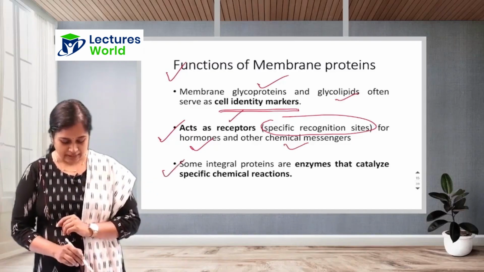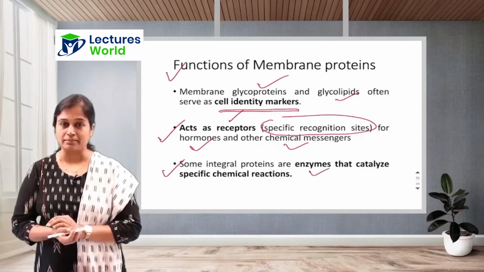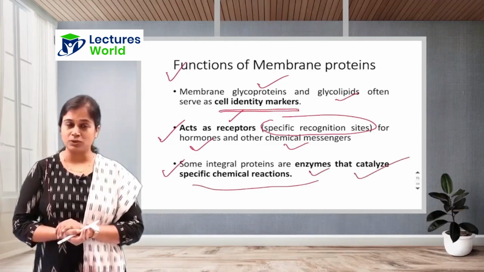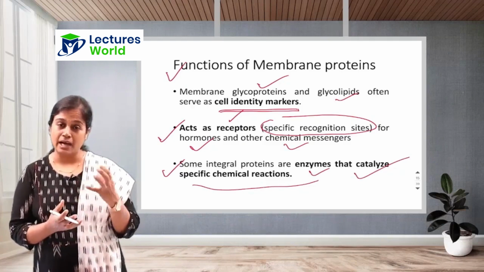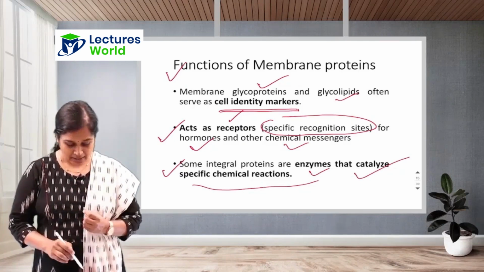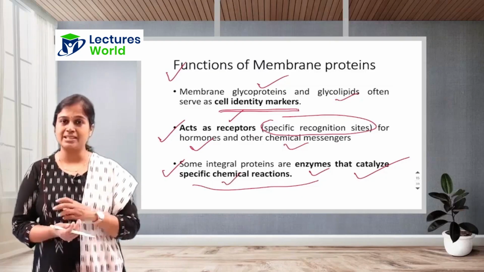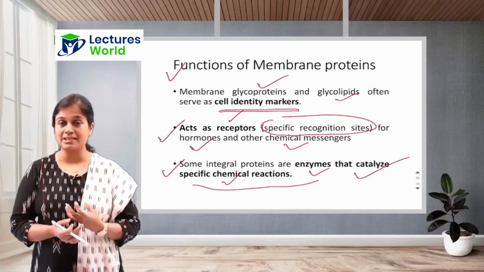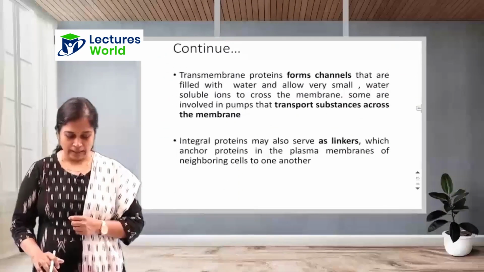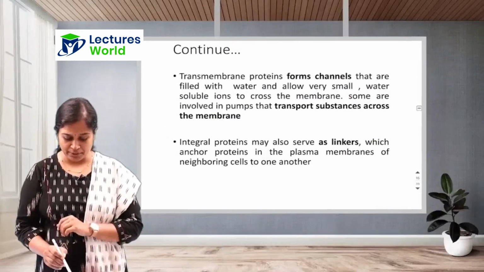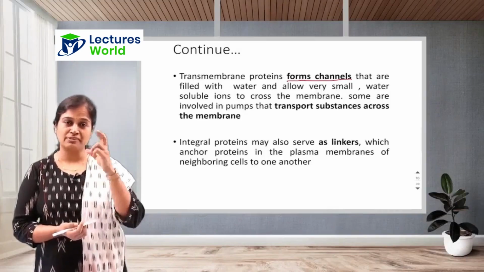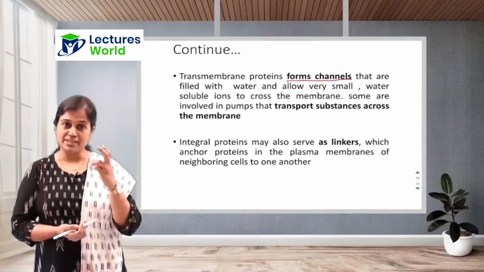Another is that some integral proteins are enzymes that catalyze specific chemical reactions. So as enzymes they catalyze chemical reactions, that means they fasten certain chemical reactions. Then certain transmembrane proteins form channels. We know the meaning of channels, through which substances can pass.